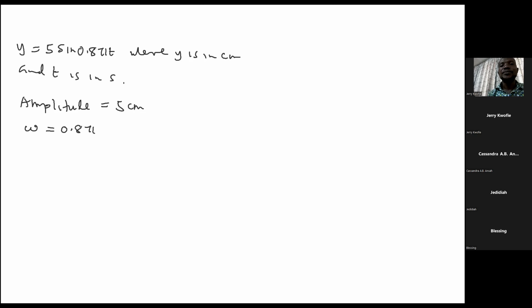But omega is equal to 2 pi f. So it means that 2 pi f is 0.8 pi. So what is the frequency?